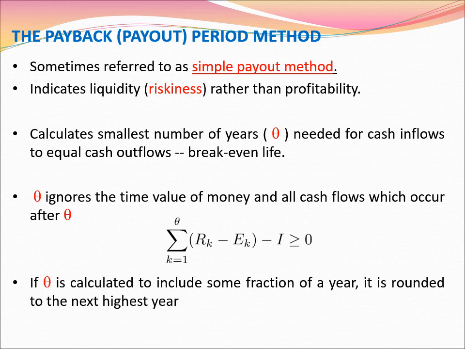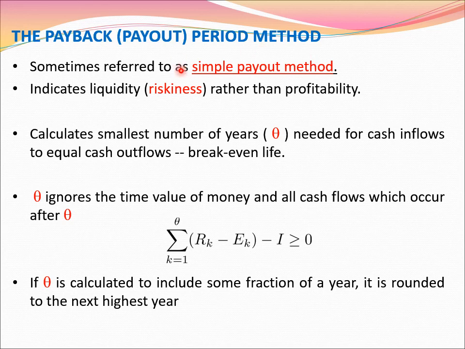Again, we want to identify whether to accept the project or not, but this time we will not look at the amount that we are earning, but we will look at when we are recovering our investments, the time of recovering. So this method is called the payback or payout period method.